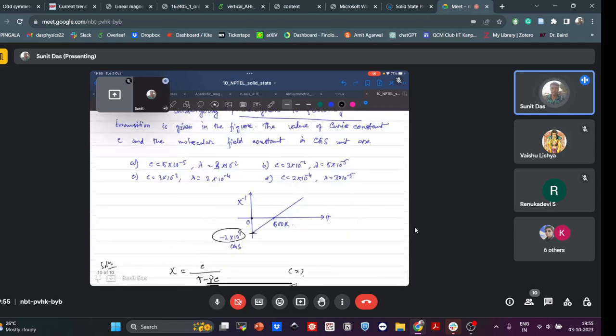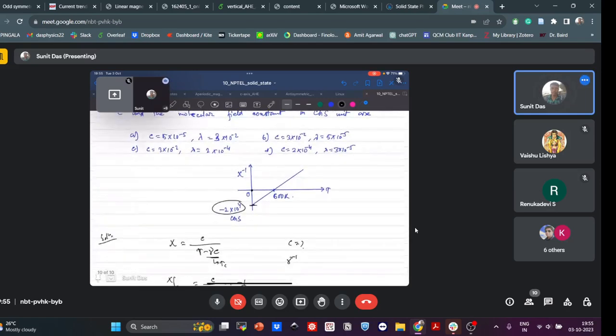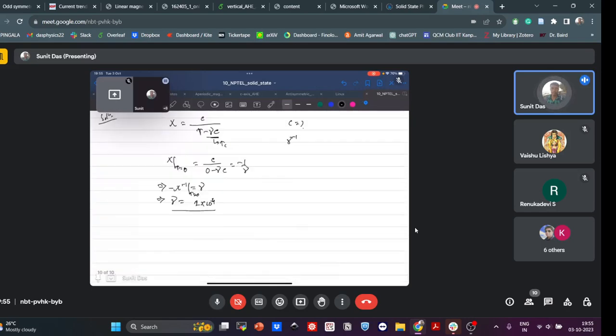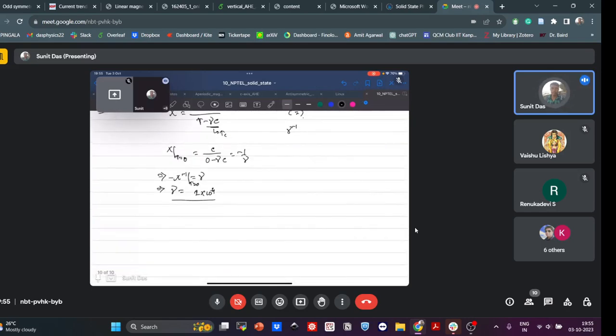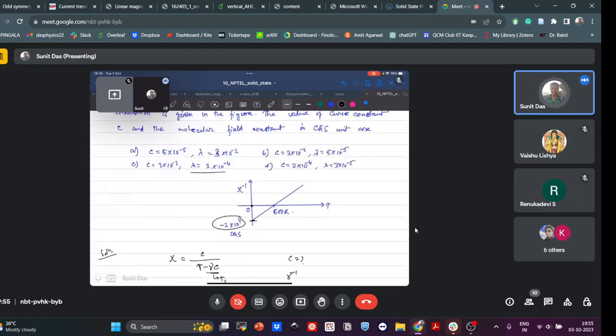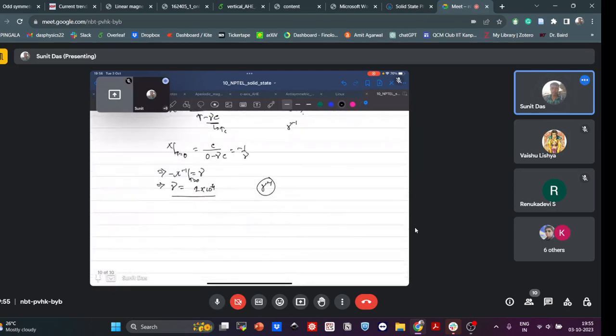The options here don't seem to match, but the correct thing is we need to find gamma inverse. The options seem to be given wrong, because 1 by gamma should be 1 by 2 into 10 to the power 4, which is 0.5 into 10 to the power minus 4.